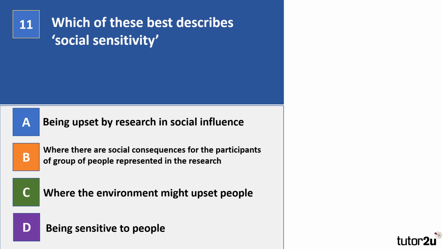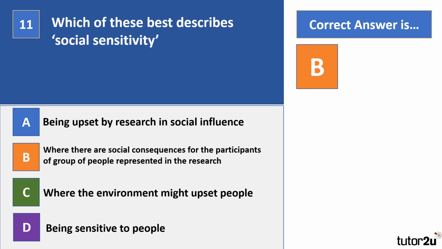11. Which of these best describes social sensitivity? So take a moment, have a look through the answers you've got there and pause your video. Okay, the correct answer there is B, so where there are social consequences for the participants or group of people represented in the research.